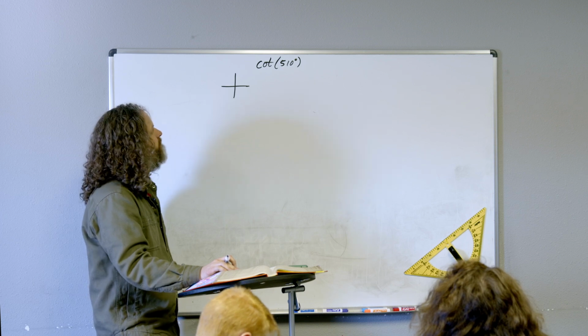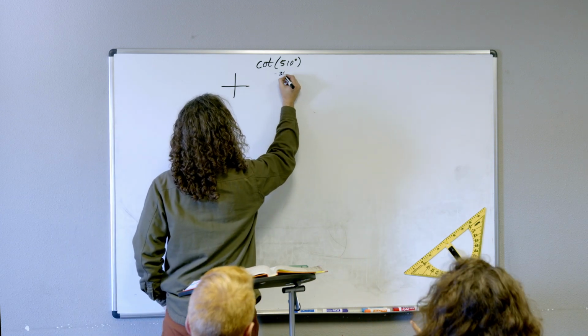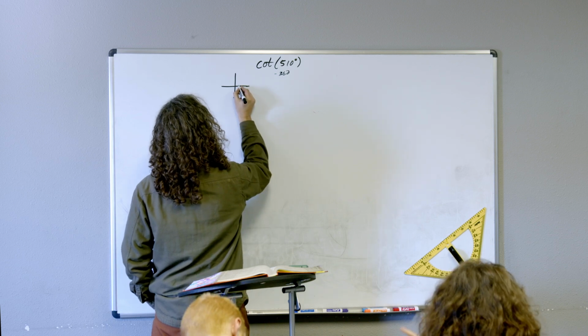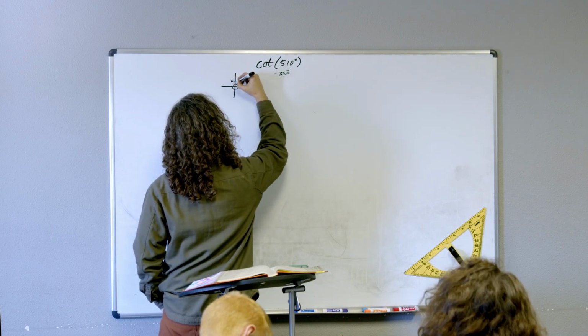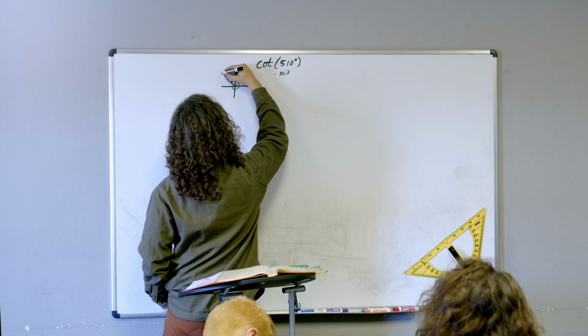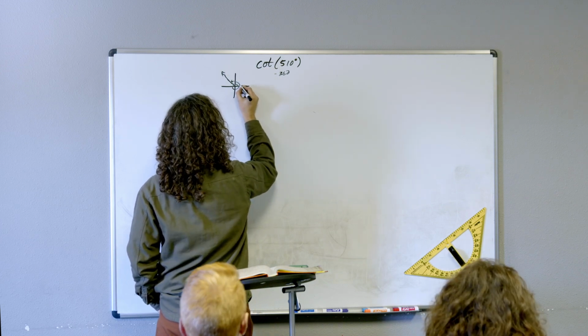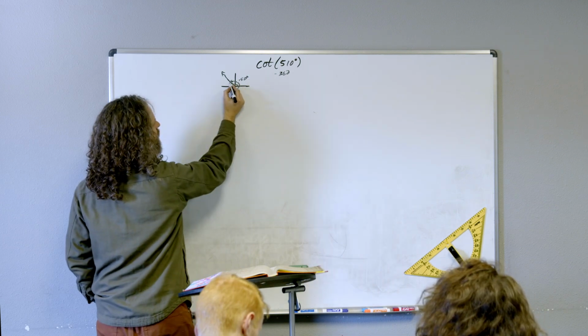And then 510 minus 360 is 150. And then 150 is going to be in quadrant 2. We just did a problem with that. That's the reference angle. The reference angle is the one here.